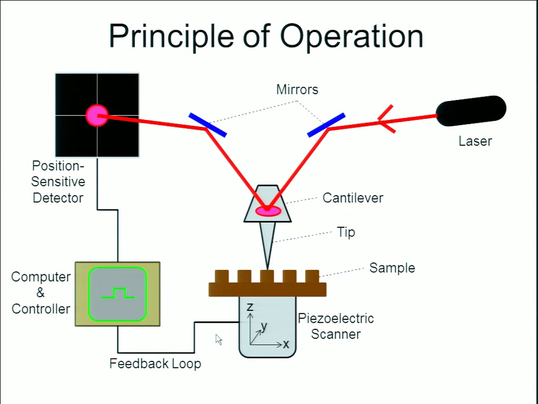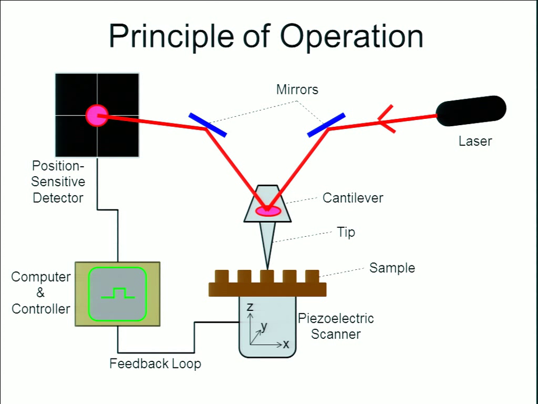And all the while, of course, the piezoelectric is moving in the x and y direction, following a normal scan pattern. And the distances and the number of data points collected can be controlled by you, the operator.